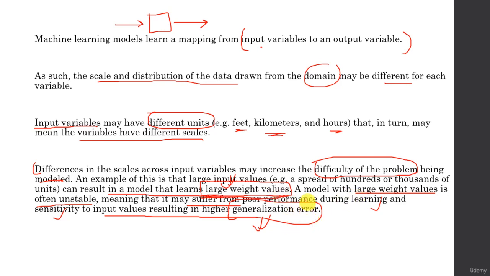Rather, we have high error. Our model won't be that accurate. So that is the reason we need to scale the input into some standard scale, so that our model won't be biased toward the large value. Rather, our model will treat all the values equally.